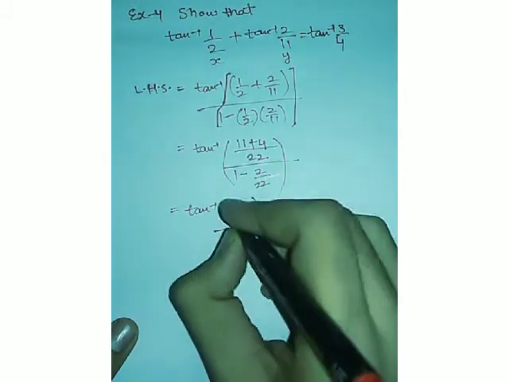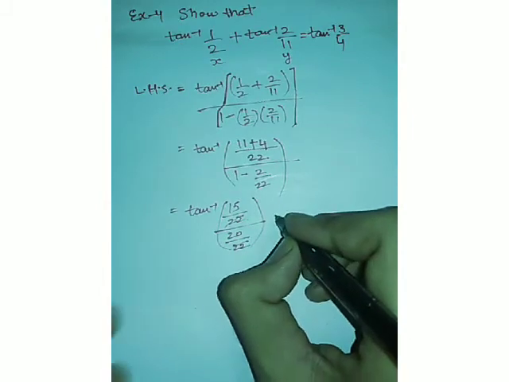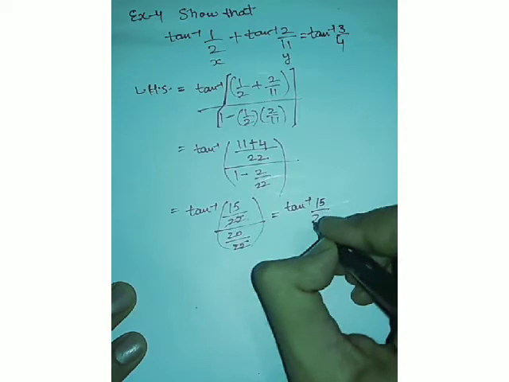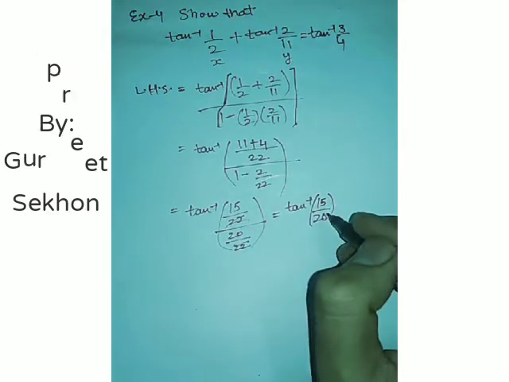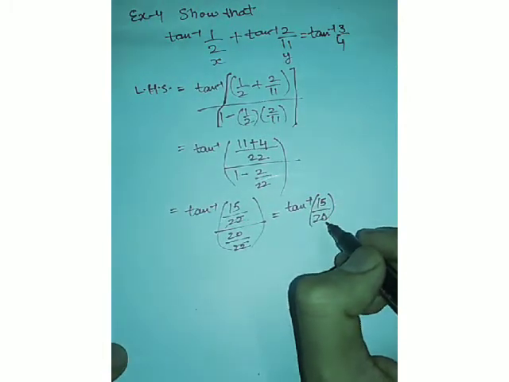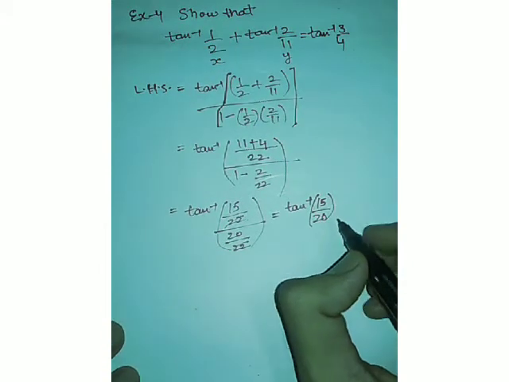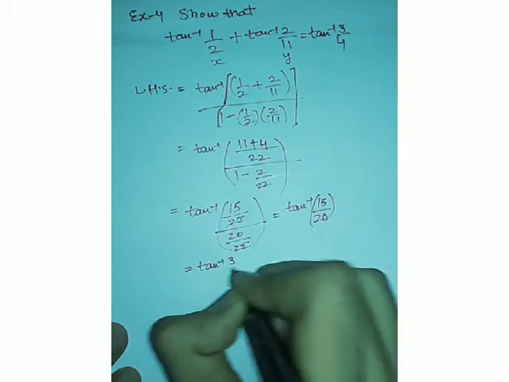You can clearly see that 22 and 22 will be cancelled, right? So you will be left with only tan inverse 15 upon 20. Now when you do the cutting or the divisibility, 15 and 20 will be 3 upon 4, because 5 3s are 15 and 5 4s are 20, which will be equal to tan inverse 3 upon 4.